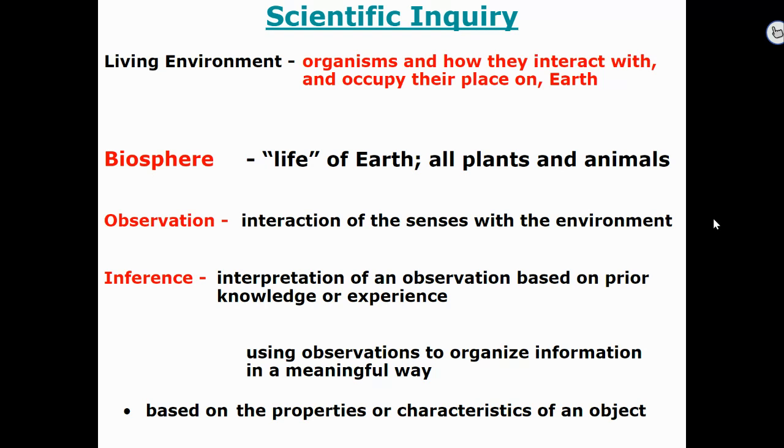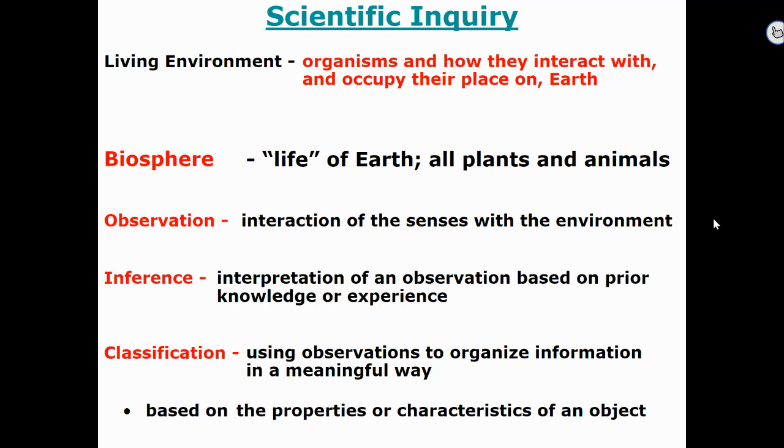And then we take all that information and we group it. Right? In order to work with information, to work with data, we have to have some kind of way to organize it. And so we create classification systems.